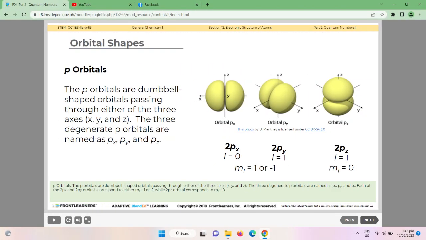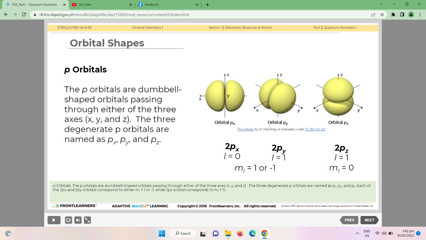P orbitals. The p orbitals are dumbbell-shaped orbitals passing through either of the three axes, x, y, and z. The three degenerate p orbitals are named px, py, and pz.